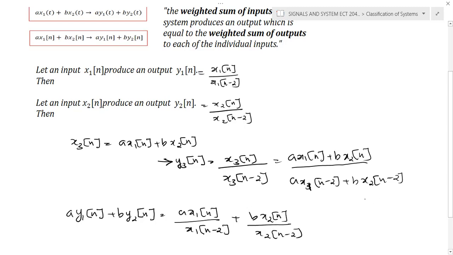And if you compare these two equations, assume this is equation number 1 and this is equation number 2, we cannot write 1 in terms of 2. We cannot split this output as a linear combination a y1 of n plus b y2 of n. So it is not equal to a y1 of n plus b y2 of n. So we can conclude that the given system is non-linear. It's a non-linear system.